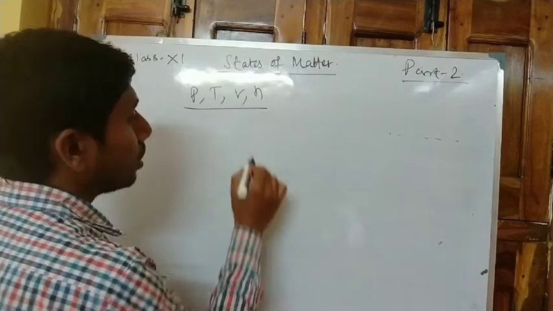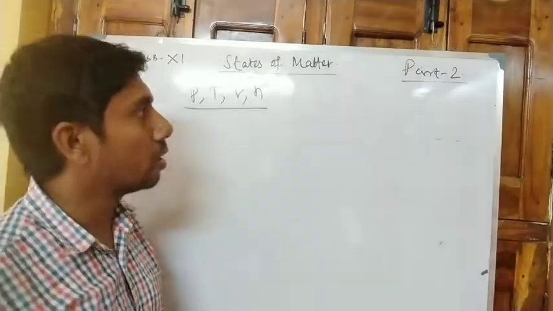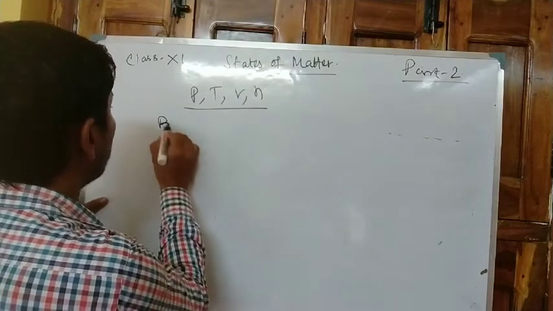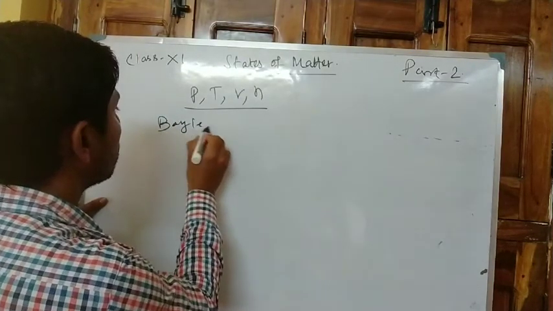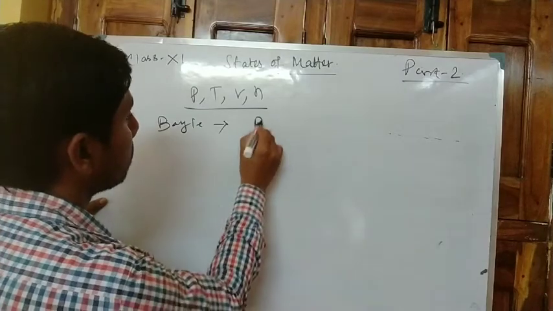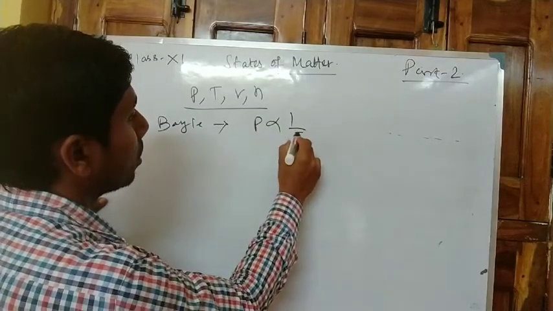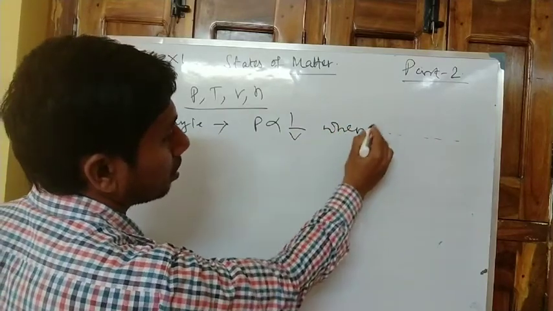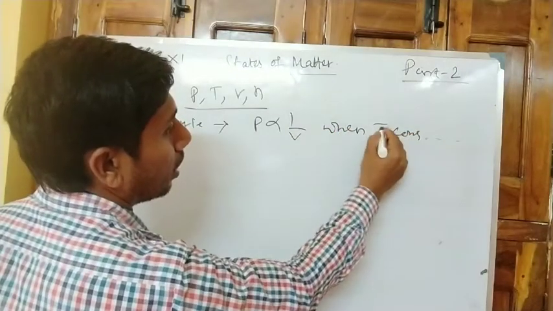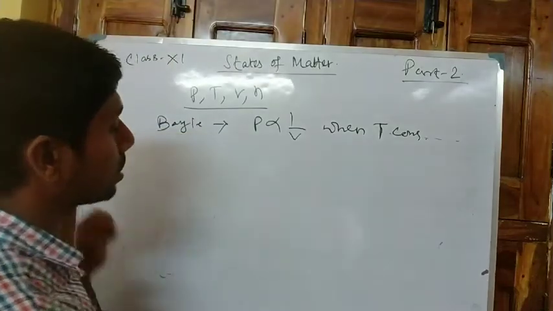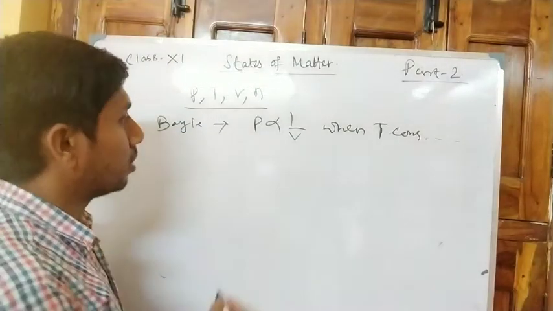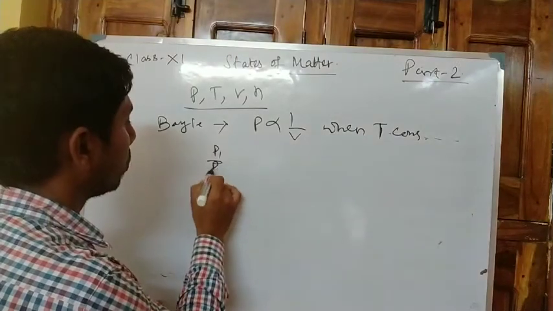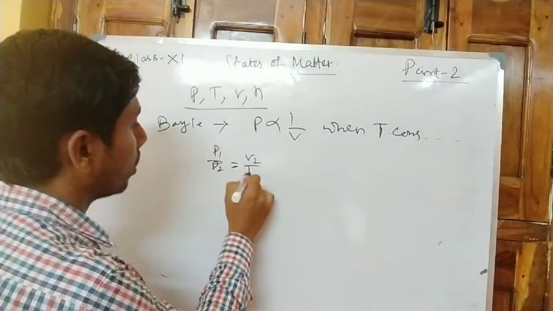When these parameters change, keeping any one constant, we get different laws, known as gas laws. One is Boyle's law, that P varies as 1 by V when T is constant, and we have discussed its graph and also the corollary, P1 by P2 equal to V2 by V1.